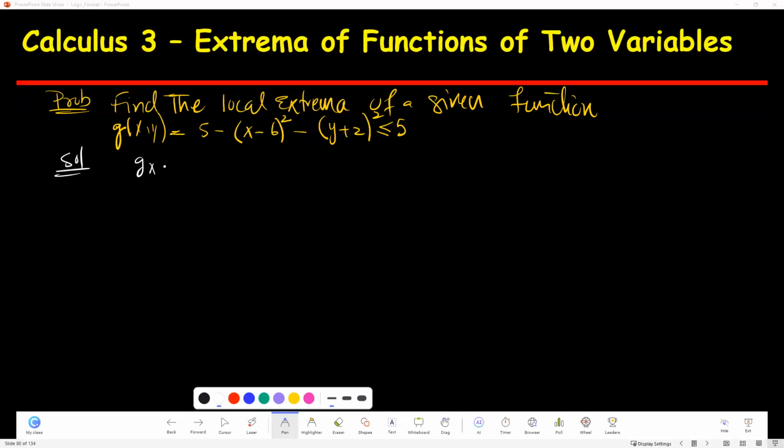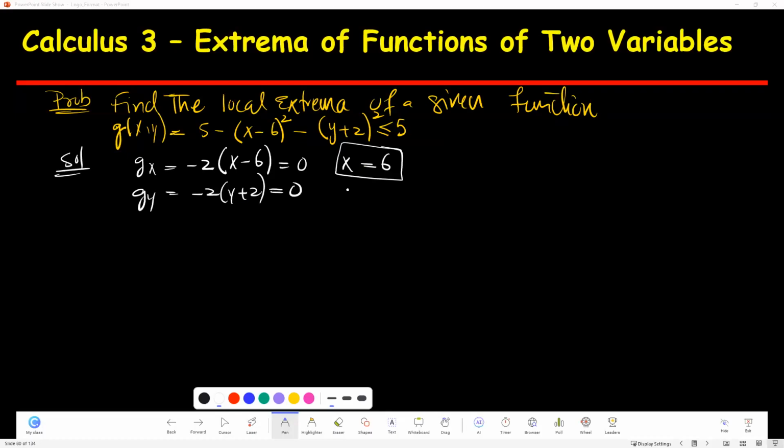So gx equals minus 2 times (x minus 6) equals 0. From here, x equals 6. Gy, I'm going to check, is going to be equal to minus 2 times (y plus 2) equals 0, and y equals minus 2. Then I'm going to find gxx, and gxx here is just minus 2.